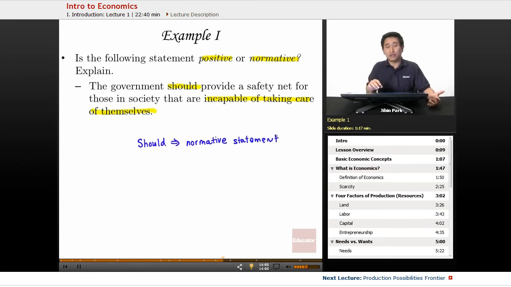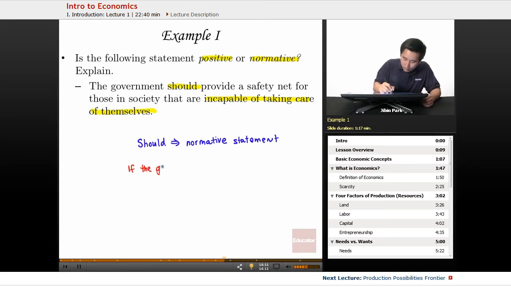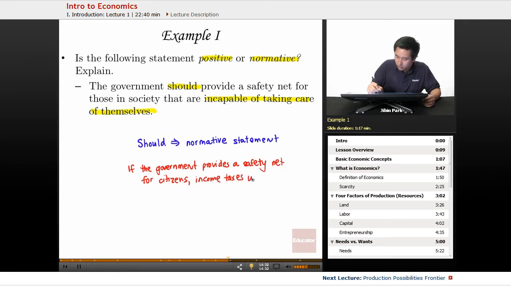Now, one way to turn a normative statement into a positive statement would be: if the government provides a safety net for citizens, income taxes will be increased.